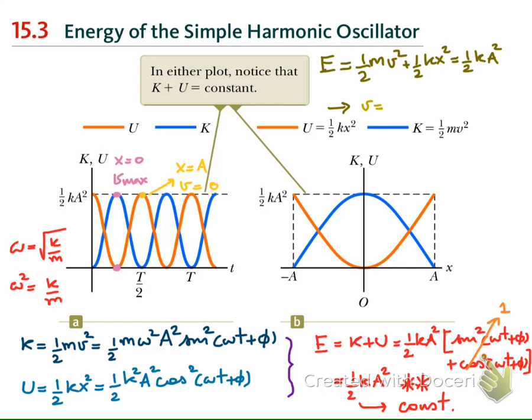The plus or minus sign here means that at the same value of x, or at the same position of the object, the velocity can have both positive and negative values.